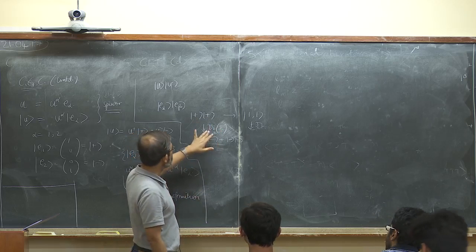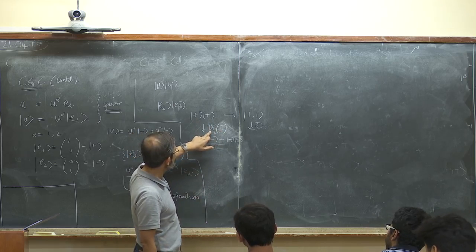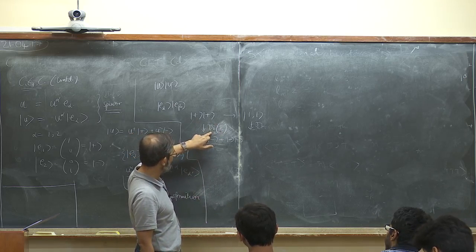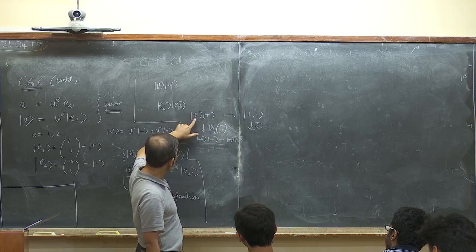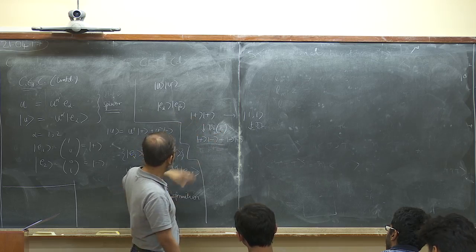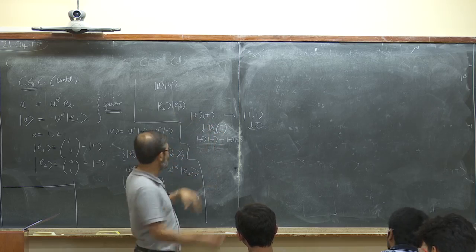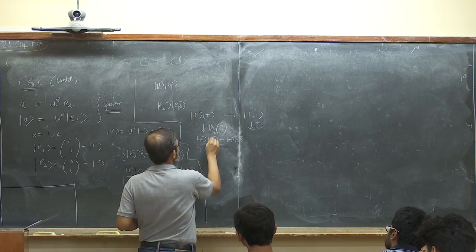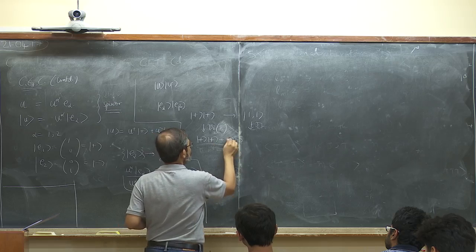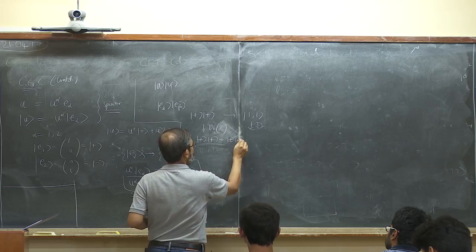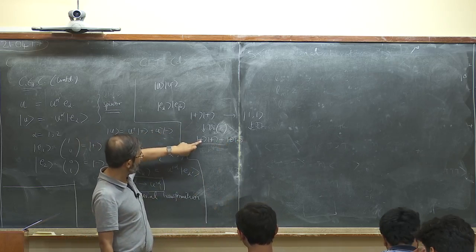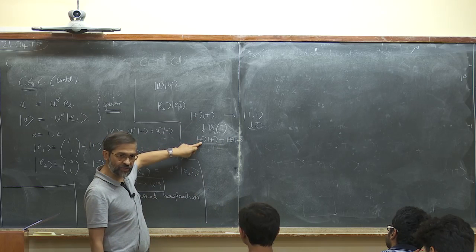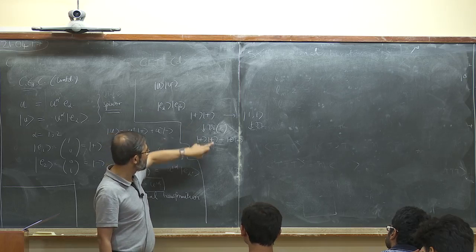So when I apply J minus on this, I get minus. If I apply J minus, I get from plus to minus without any coefficient. Okay, plus remains the same.